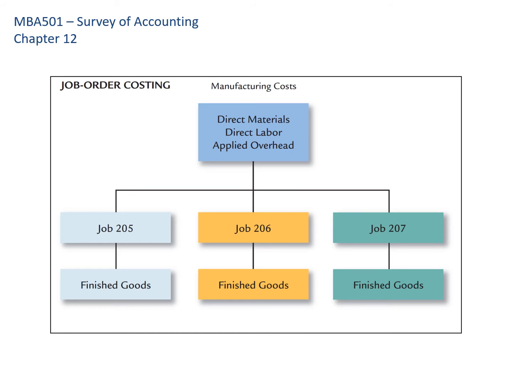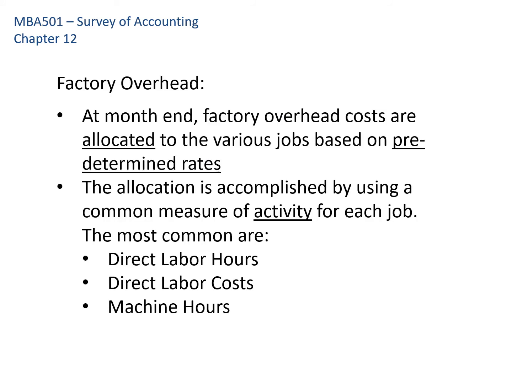So what kind of activity? Was it labor hours? Was it pounds of product? Was it square footage of homes? What kind of activity quantity should I use that drives those overhead costs that I can use to allocate that back to those jobs? So at the end of the month, all the factory overhead costs are allocated to the various jobs using a predetermined rate.